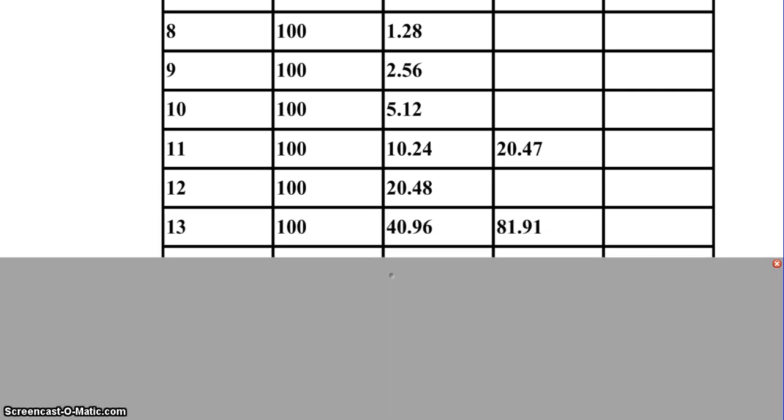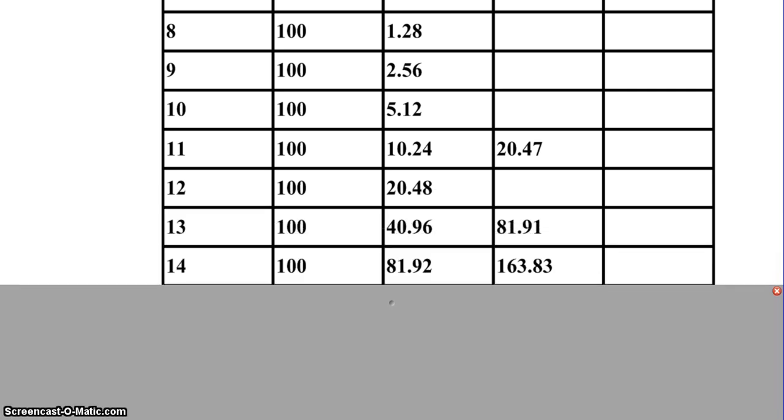And if we continue to move down, on the 13th day, on the left-hand side, I have $1,300. On the right-hand side, I got $40.96 for that day, which brings me up to a total of $81.91. On the 14th day, I have $1,400 on the left side, and I have $163.83 on the right side.